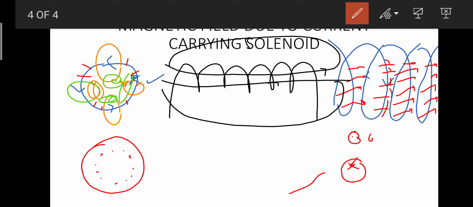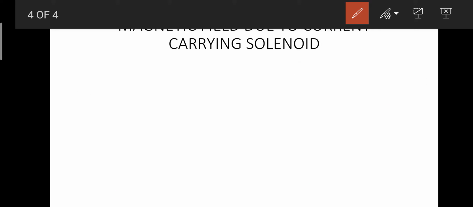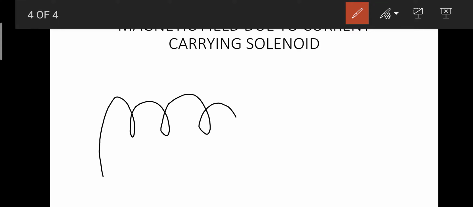I hope you are getting my point now, that all the field lines are going to be straight inside the conductor and curved outside the conductor.